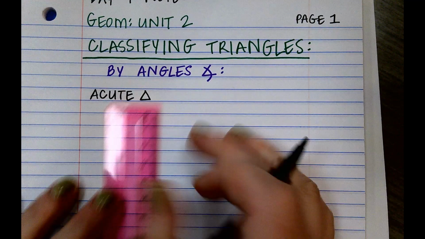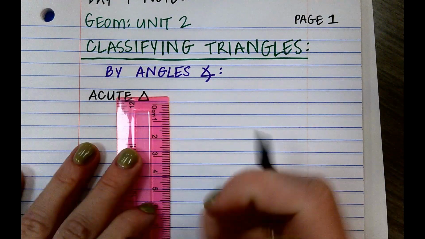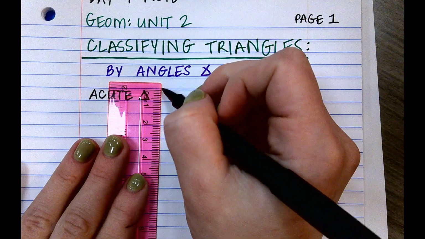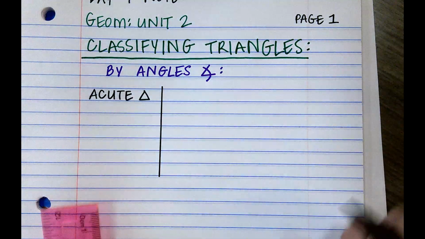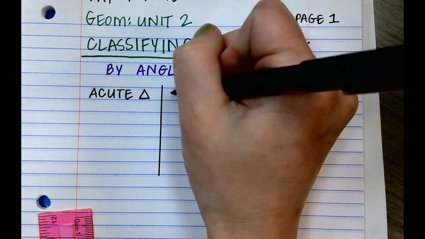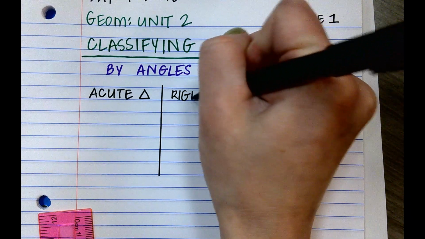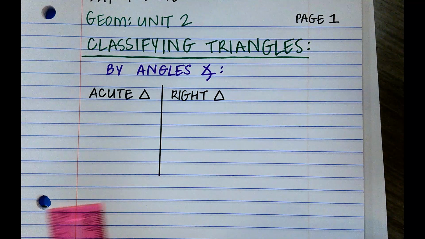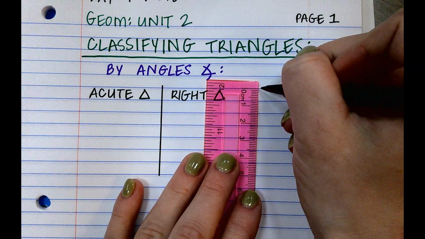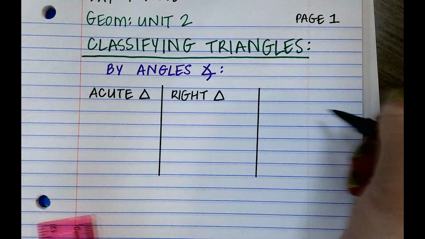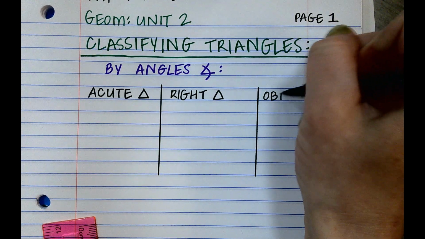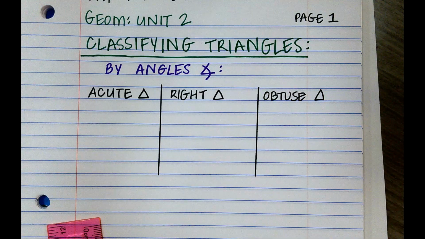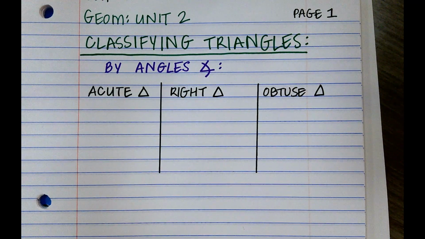I'm going to draw a line. We're going to have 3 little sections here. Next is going to be right, R-I-G-H-T, right triangle. Separate. And then finally, obtuse triangle. Highlight those.